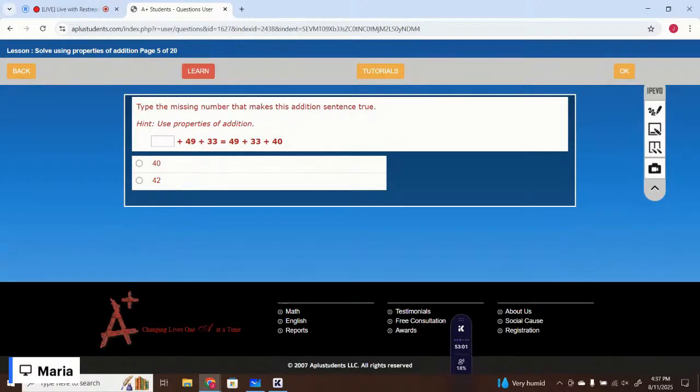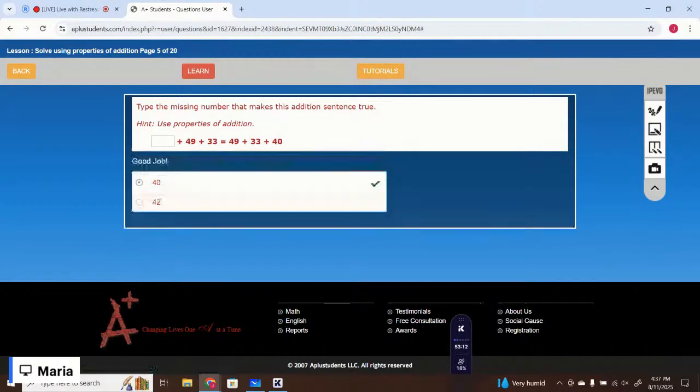Type the missing number that makes the addition sentence true. So the missing number is 40. Option number 1 is the correct option.